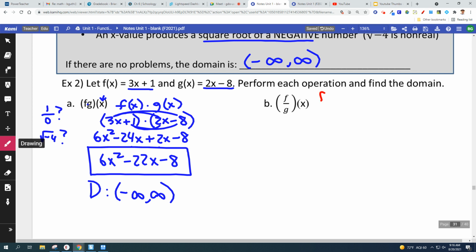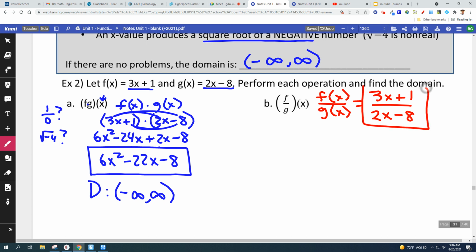So the next one, we're dividing f of x by g of x. And f of x is just 3x plus 1. And g of x is 2x minus 8. And if we could reduce that fraction, we would, but there's nothing really to do there. That's my answer. Okay? Now, for the domain, you need to think about, well, maybe it's all real numbers, but you have to think about those problems.